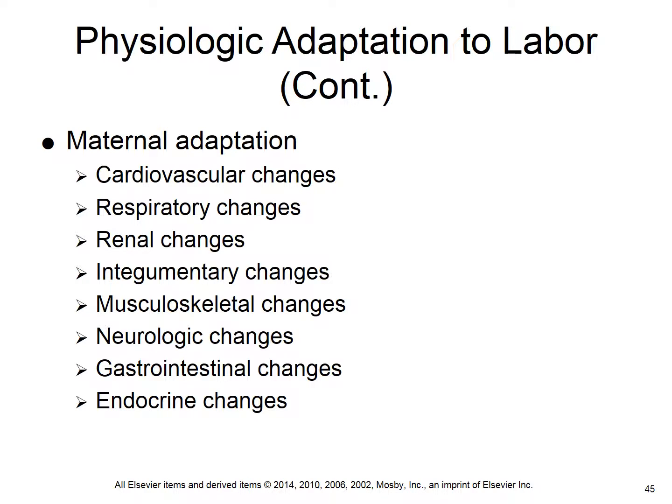As far as respiratory, with pain, her respiratory rate might increase. As far as endocrine, the hormones that keep her pregnant, such as progesterone, decrease, and things like prostaglandin, which soften the cervix, increase.